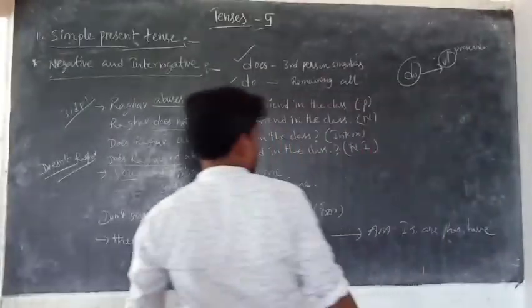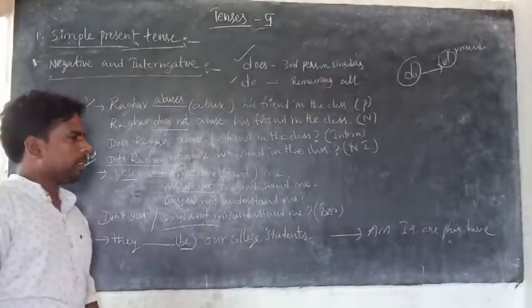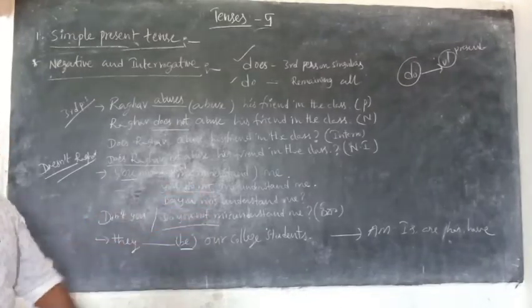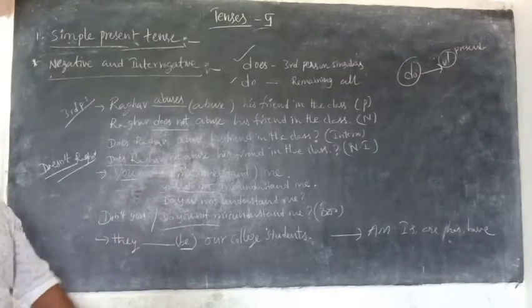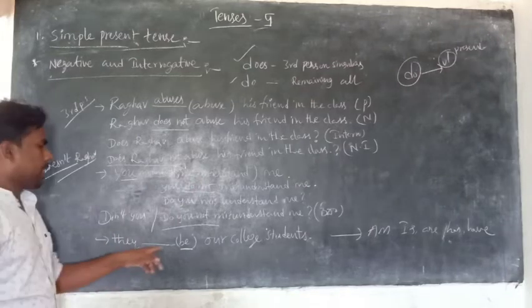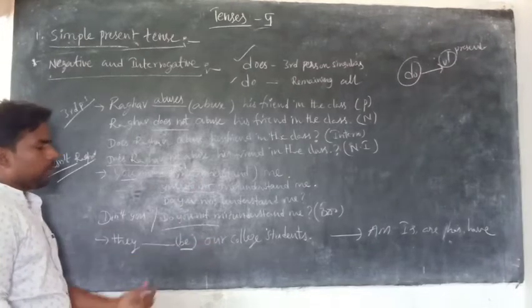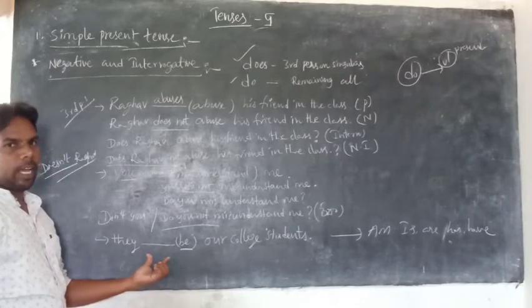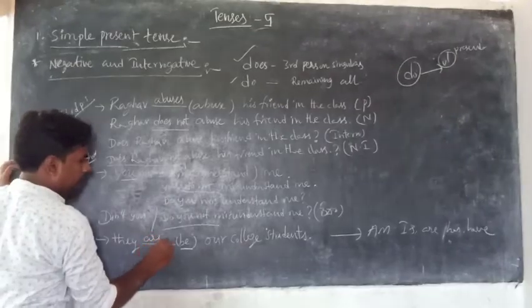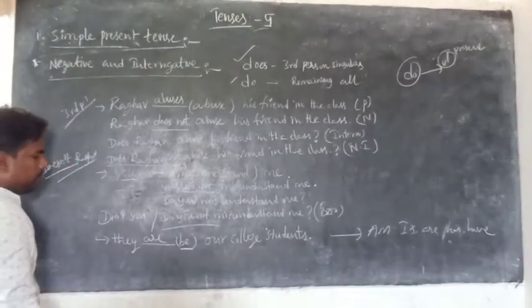Am is used for only I, is for third person singular, are for plurals, has for third person singular, and have for plurals. Here, the dash be our college students shows state or being, and it is plural, so we have to use are. They are our college students.